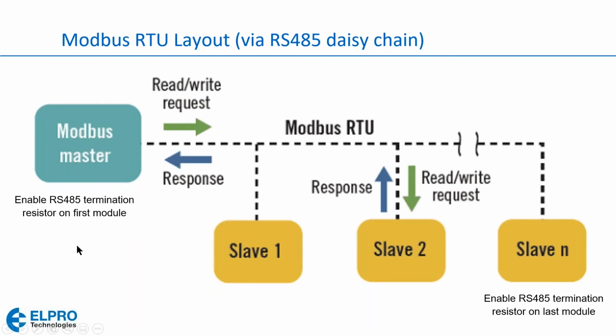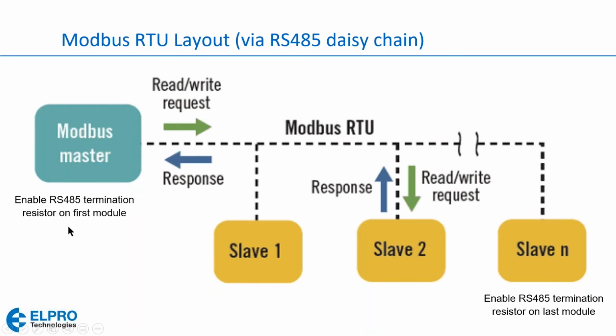Now, one thing you may have noticed on most ELPRO radios is that we have an RS-485 termination resistor built into the radio. It looks like a squiggly line, which symbolizes the resistance. It uses the resistor electrical symbol, and it's on the bottom of most radios.